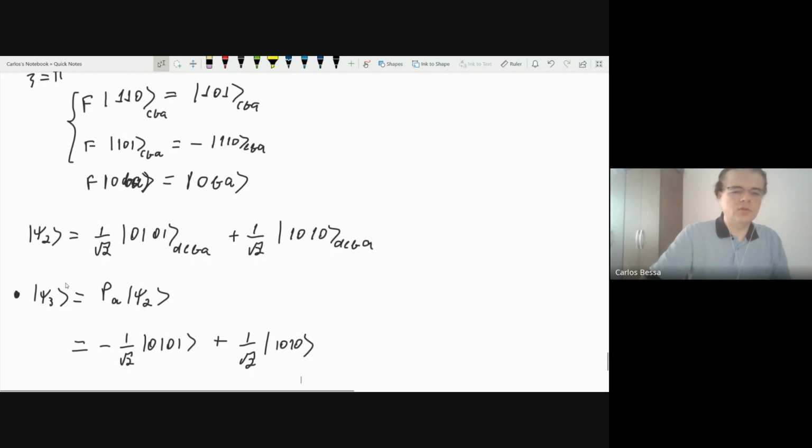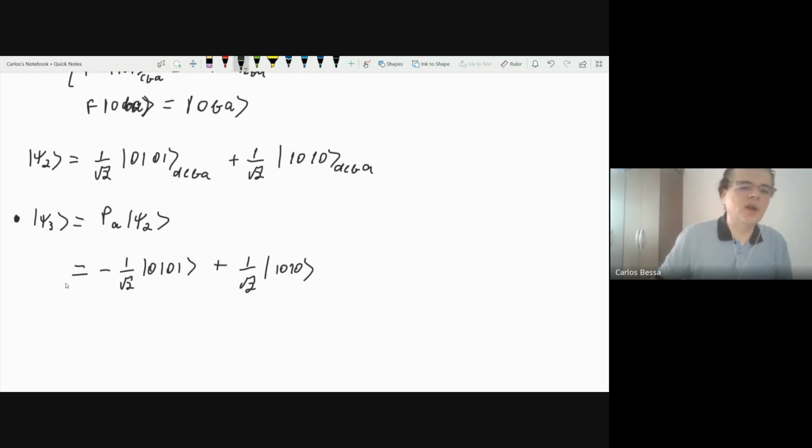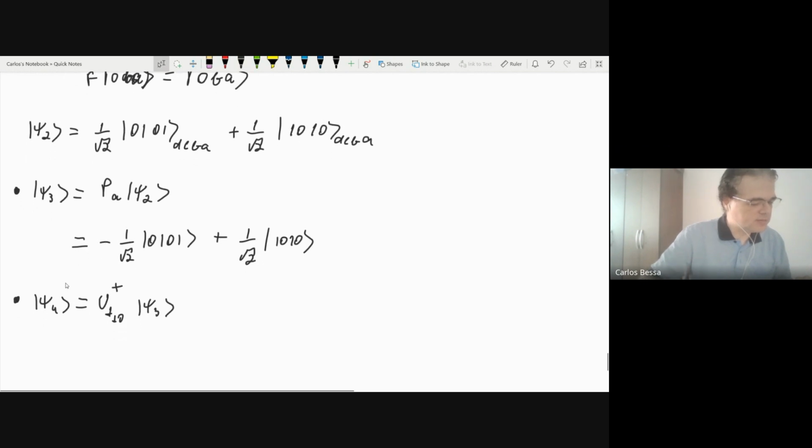And then we return it, and I'll explain why this should not be here, and I think answer one of his questions. F10 dagger applied to psi 3. So using the same thing, we will find psi 4. So this is the Fredkin.